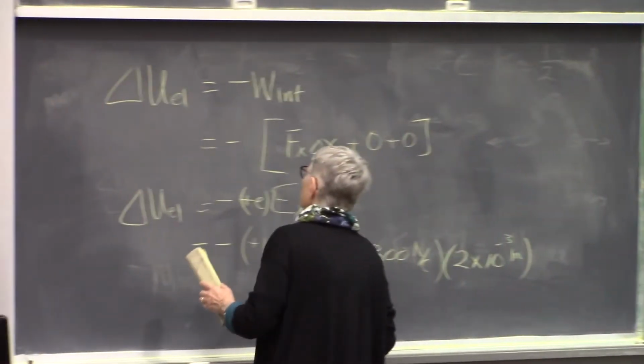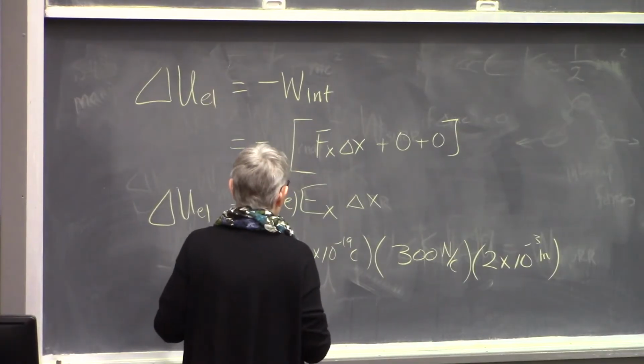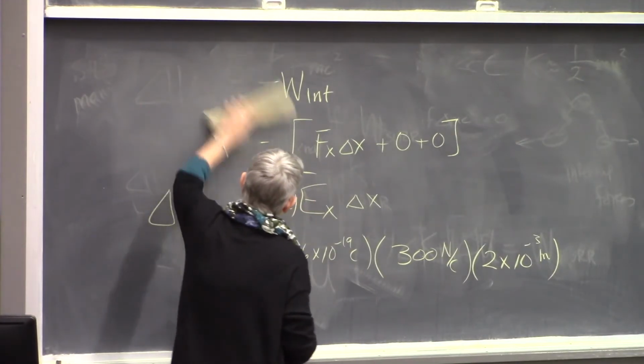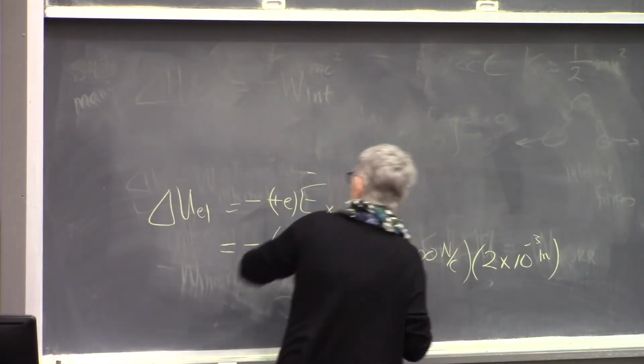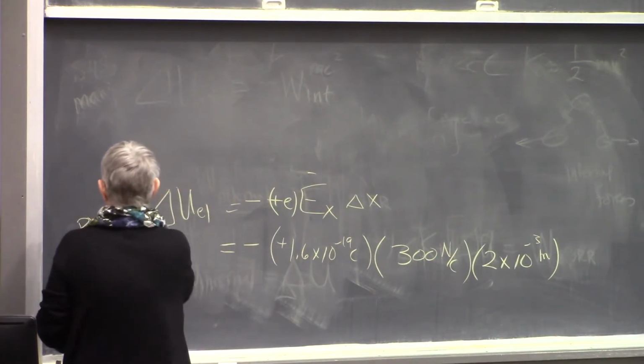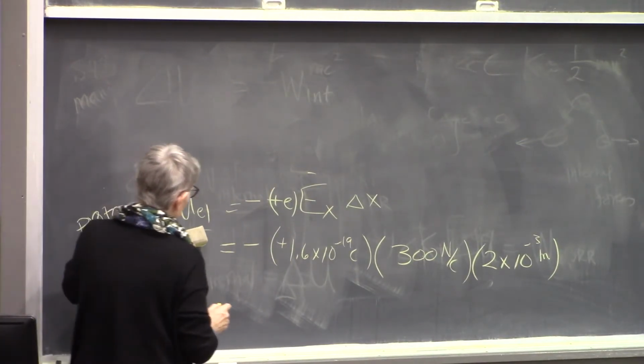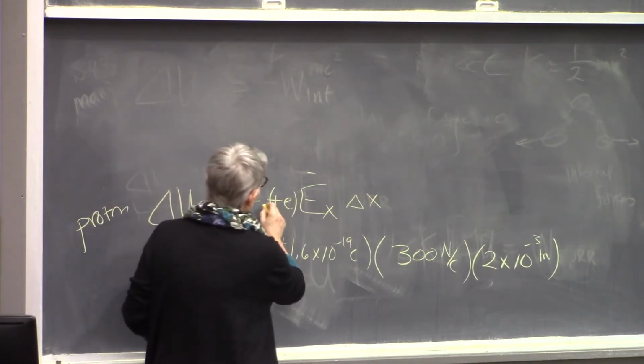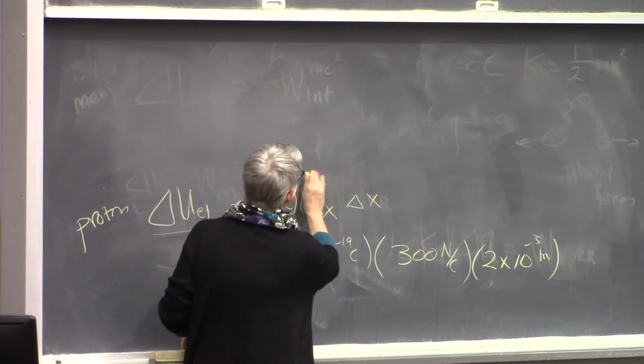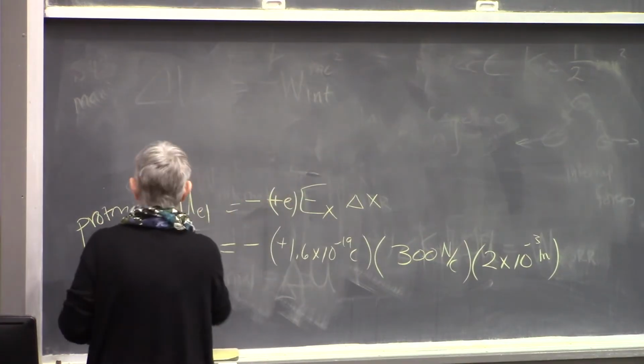So in the one case, for a proton, the change in electric potential energy is negative plus e times Ex times delta x.